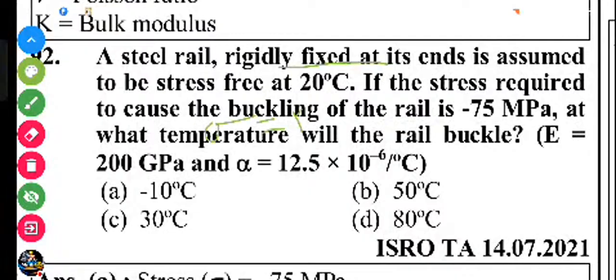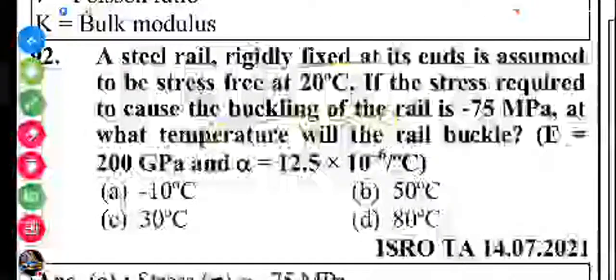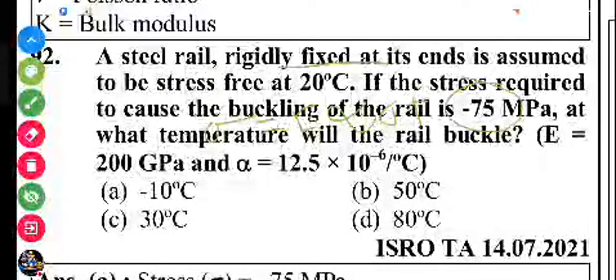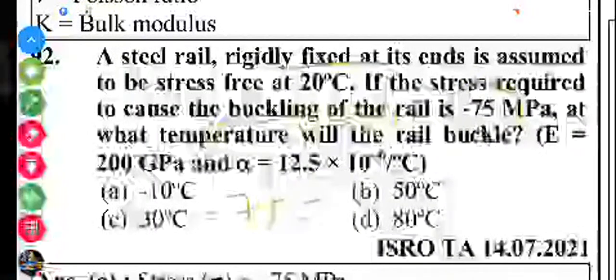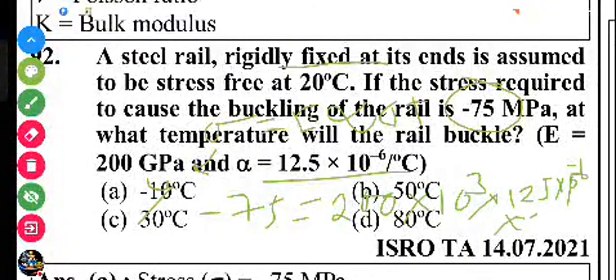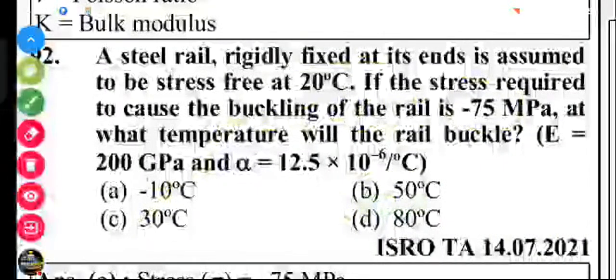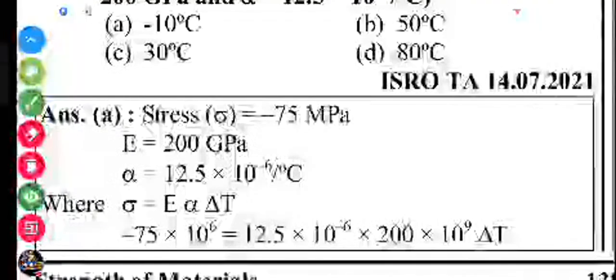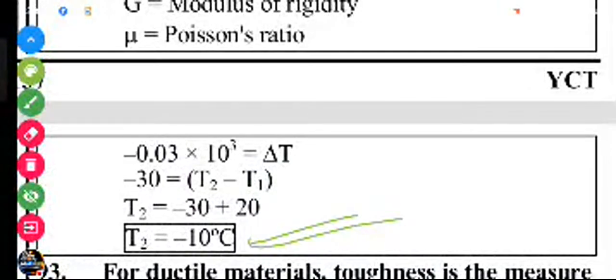Stress equal to E alpha delta T, where stress is given as minus 75 megapascal. So minus 75 equal to E in gigapascal, so 200 into 10 to the power 3, into alpha 12.5 into 10 to the power minus 6, into delta T. Here you solve, and then the temperature comes to minus 10 degrees centigrade.